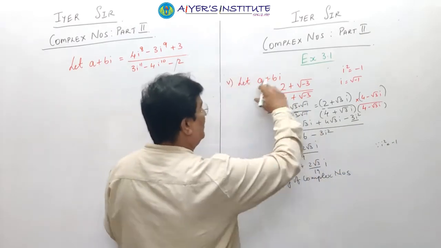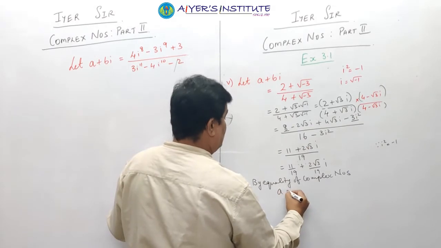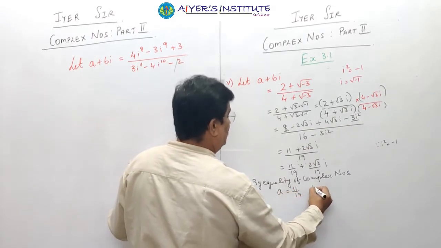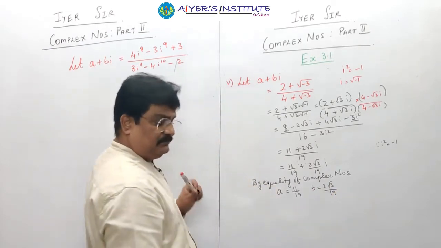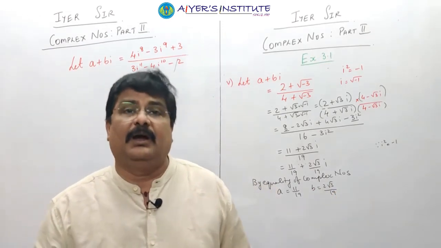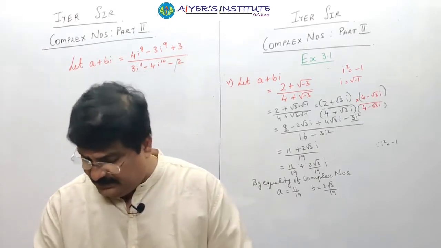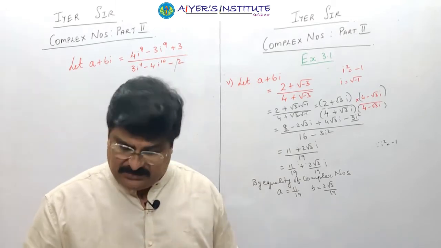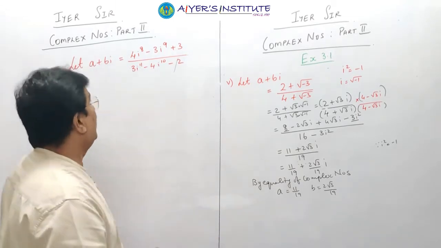Since we have started let a plus bi, it's better to do it at one time. So you get a is 11 upon 19 and b is 2 root 3 upon 19. And for this some textbook answer is wrong, so please make those corrections even behind in your textbook, so that if you give your textbook to someone, at least he will benefit.